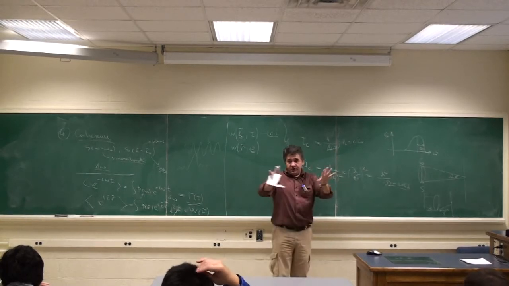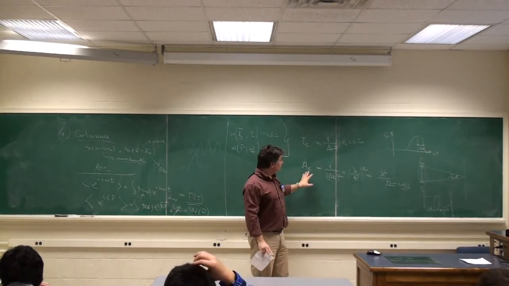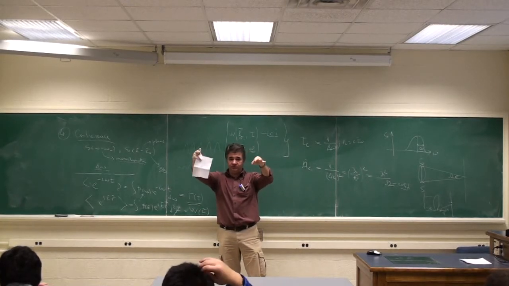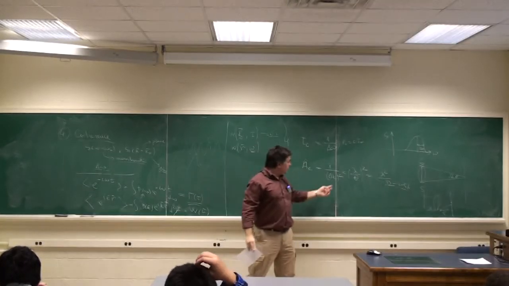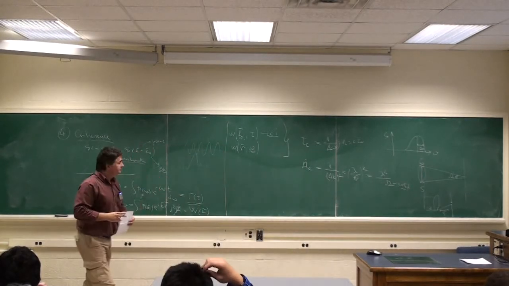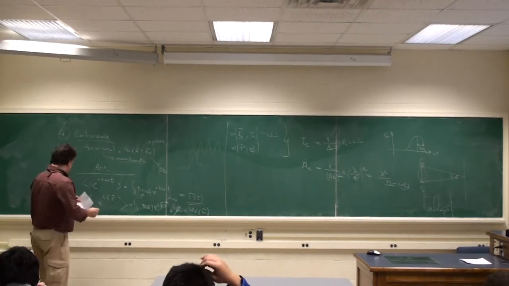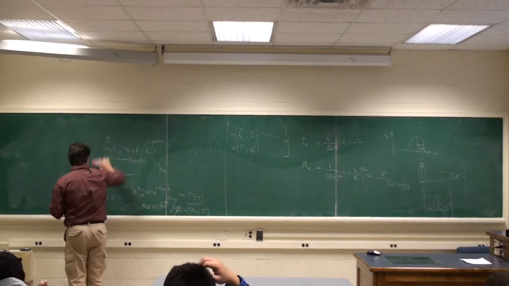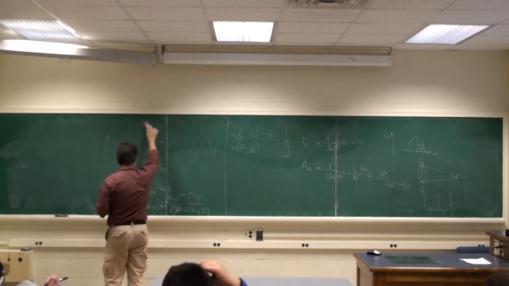If you're doing some kind of spatial correlation where you're interfering a point from here and a point from here in a given plane, you want to make sure that you stay within that. Otherwise, you won't get any interference. Okay? Are we okay?